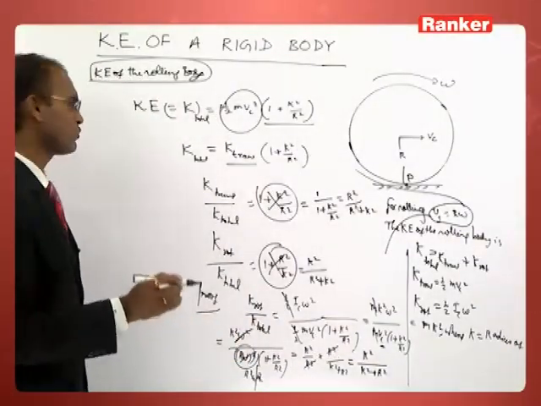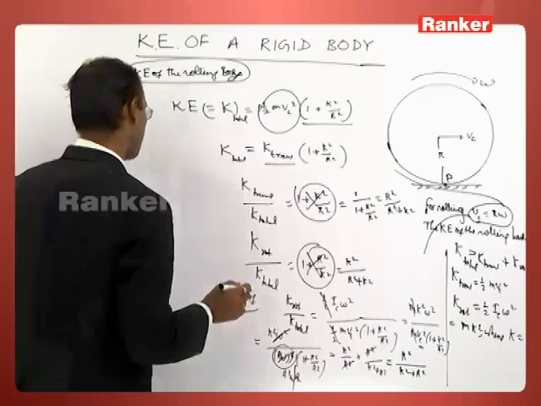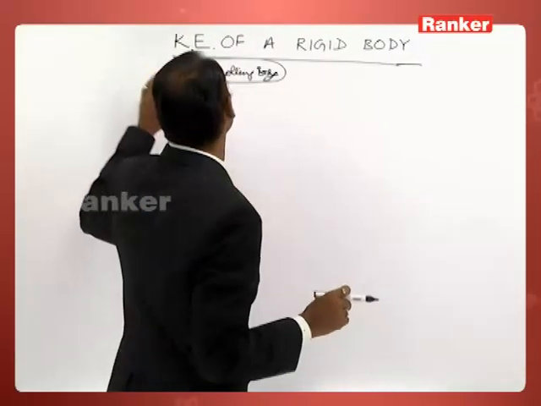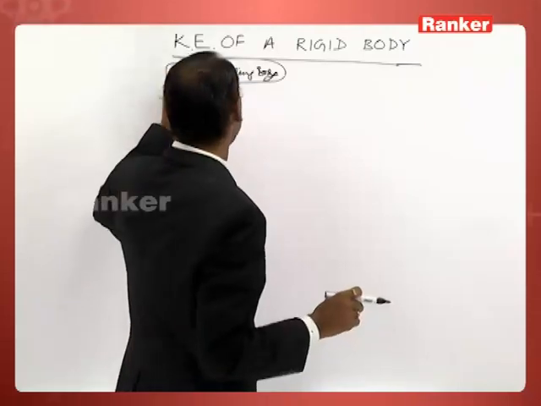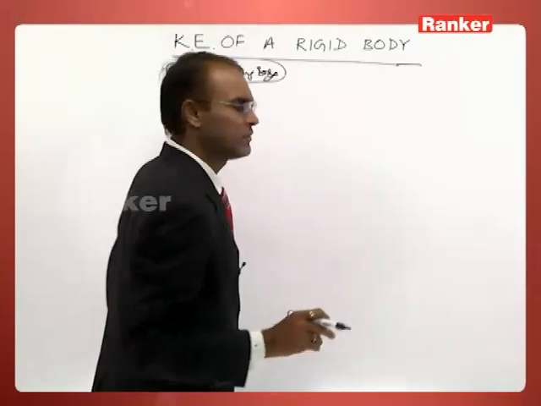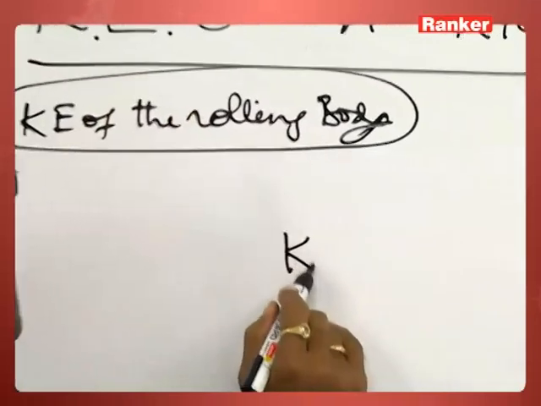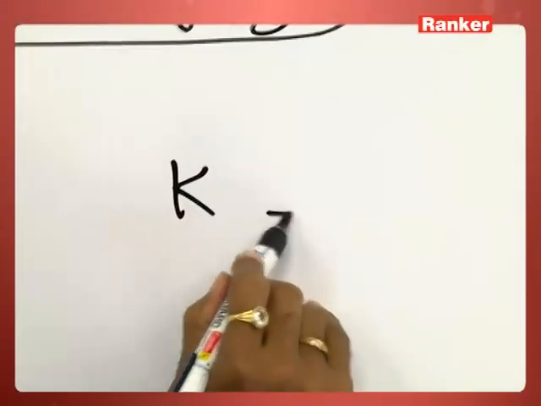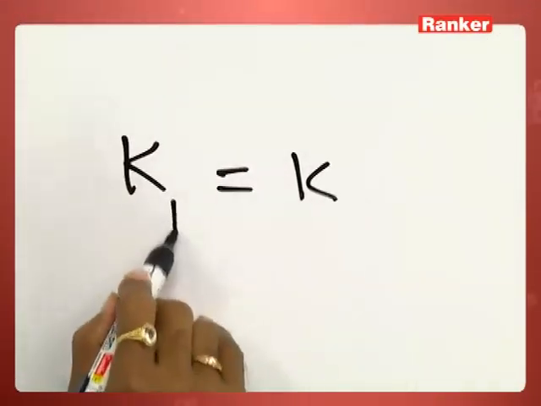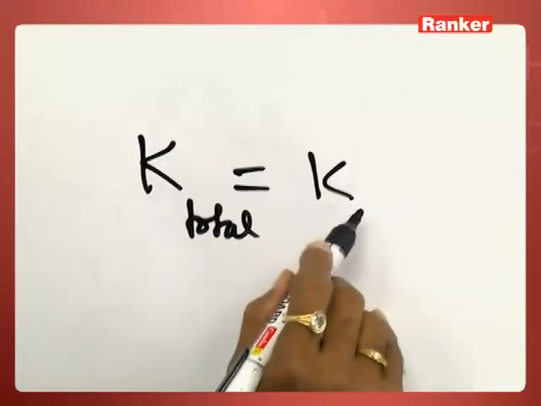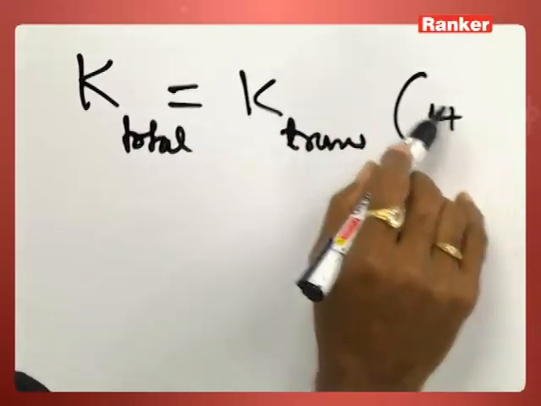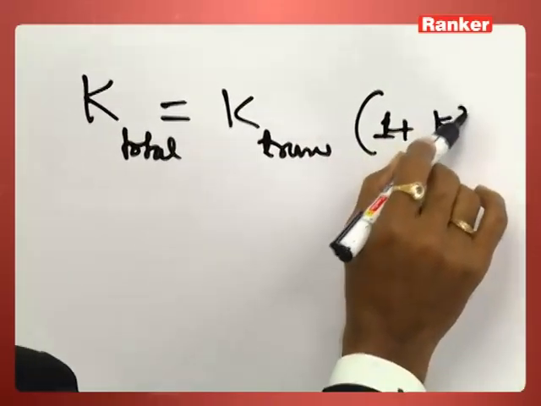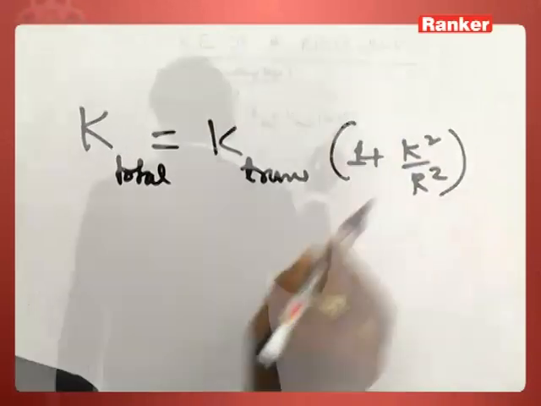So let us tabulate these two formulae. Let us tabulate the obtained formulae for the kinetic energy of the rolling body. The kinetic energy of the rolling body is equal to translational kinetic energy into 1 plus k square by r square.